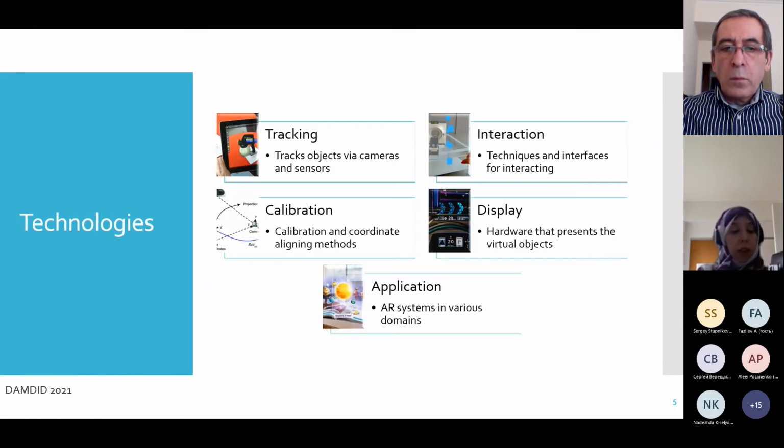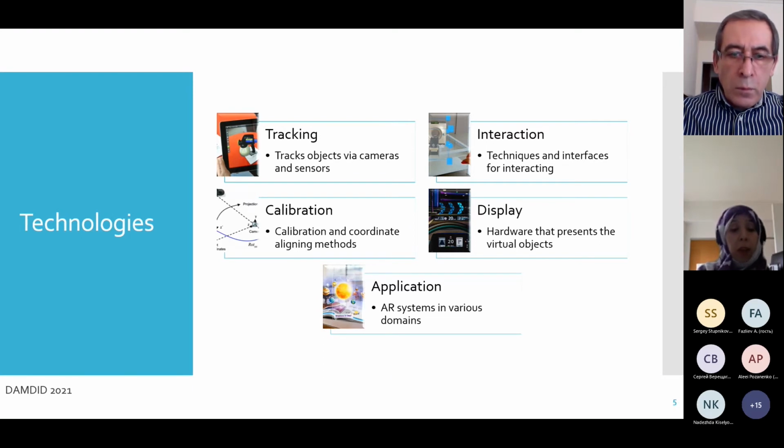There are several technologies that support the concept of augmented reality, and these are the core technologies. First, we have tracking, which tracks objects via cameras and sensors. We also have interaction techniques and user interfaces, which allow the user to interact with the virtual content. We also have calibration and registration, which aligns multiple coordinate frames in order to place the objects in the environment.